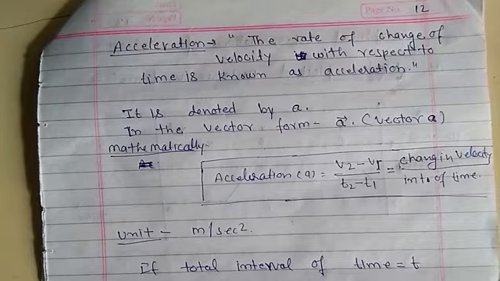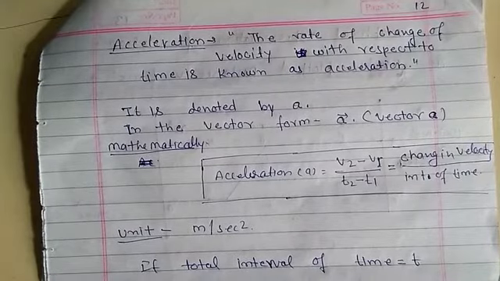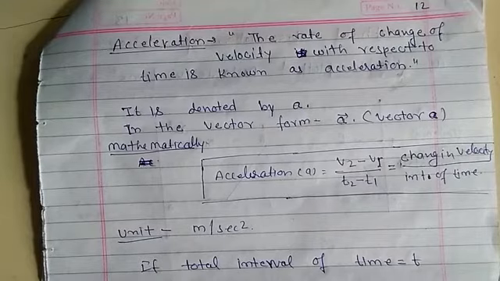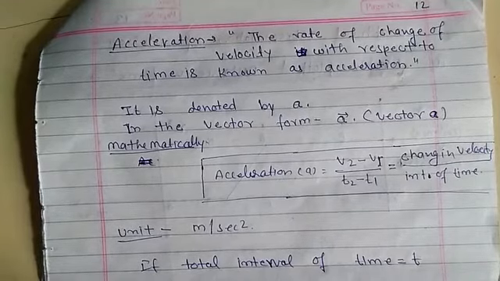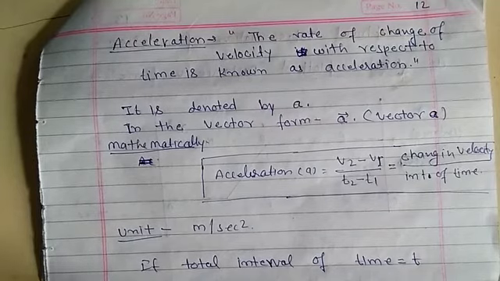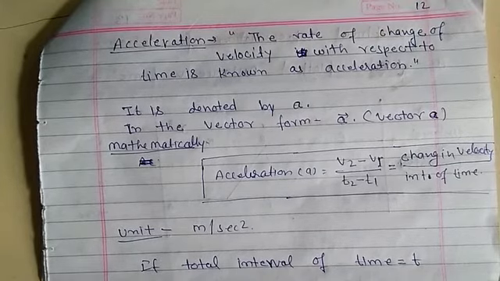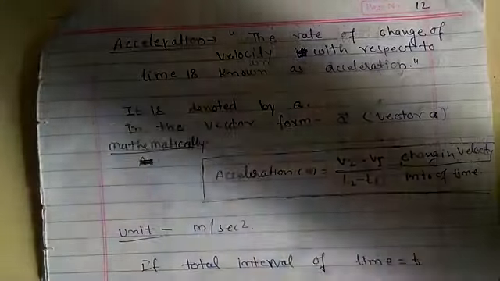Then the rate of change of velocity with respect to time is known as acceleration. It means if you observe the change in velocity of any moving object in any interval of time, then you divide the change in velocity by the total interval of time, and that quantity is known as acceleration.